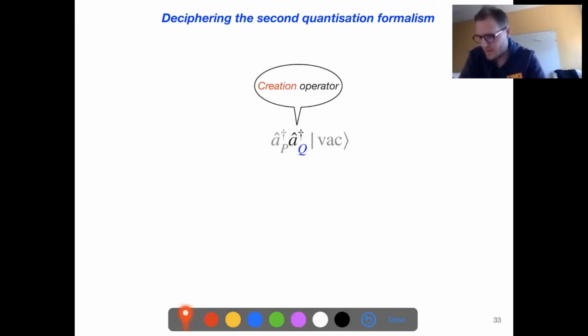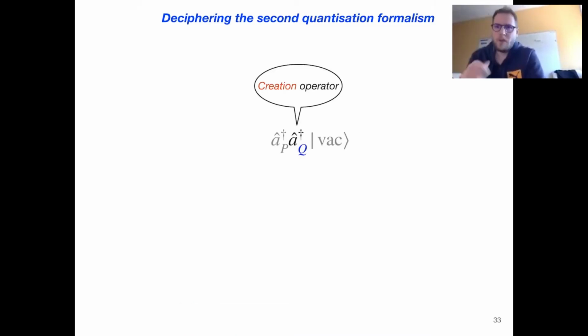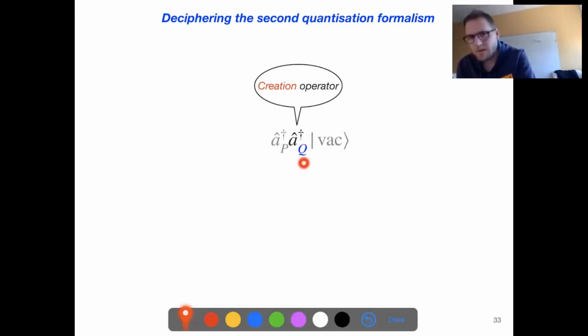Maybe you know the Chinese movie, The Flying Daggers. So we read it like A_q dagger. We'll see later on what that means. But anyway, this is really a quantum operator that acts on the vacuum, and we call that the creation operator. This is one of the key ingredients in second quantization.